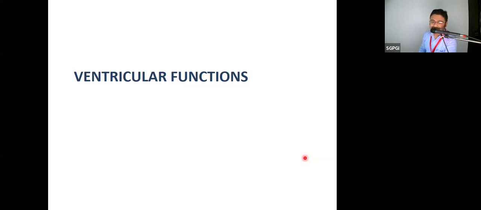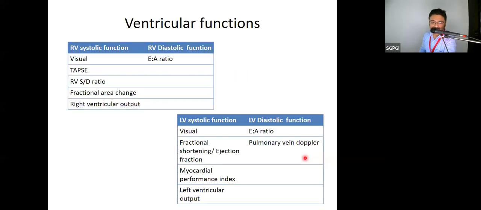So basically I've divided the topic into right ventricle and left ventricle. Then in the right ventricle, systolic function and diastolic function, and also in the left ventricle, systolic and diastolic.